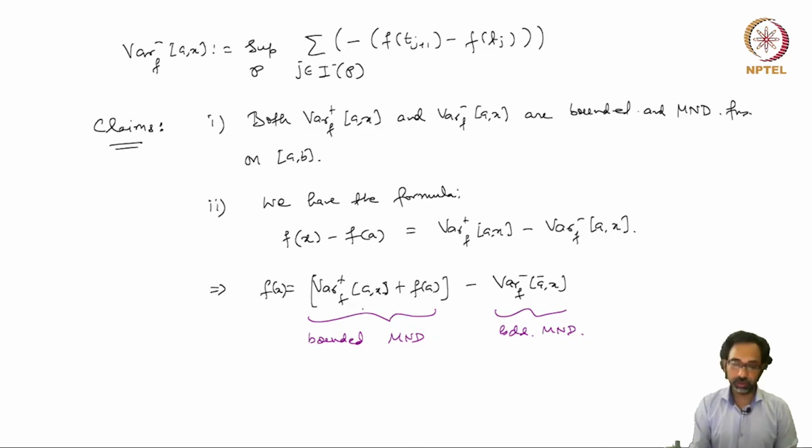So then we would have expressed our function, which was of bounded variation, as a difference of bounded monotonically non-decreasing functions. We are only left to show these two claims, where the first is that both are bounded and monotonically non-decreasing on [a,b].